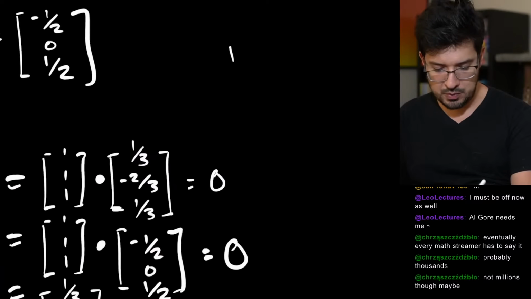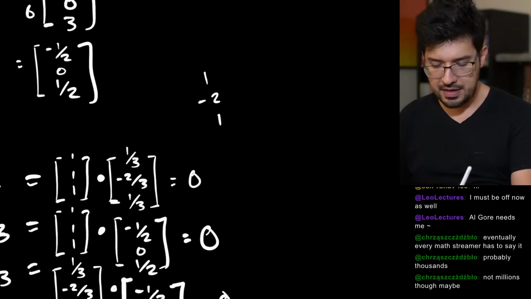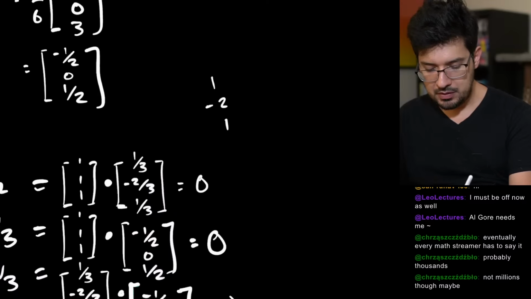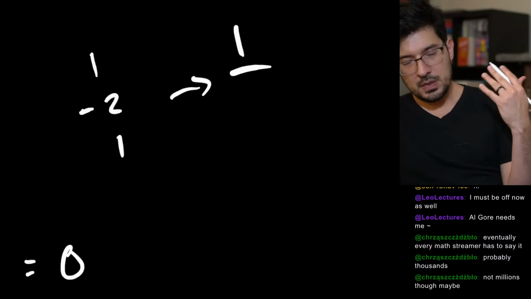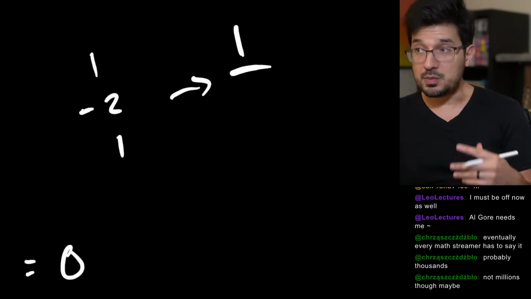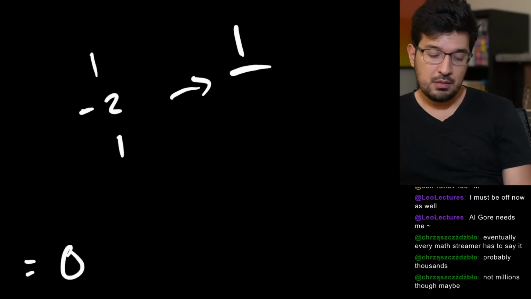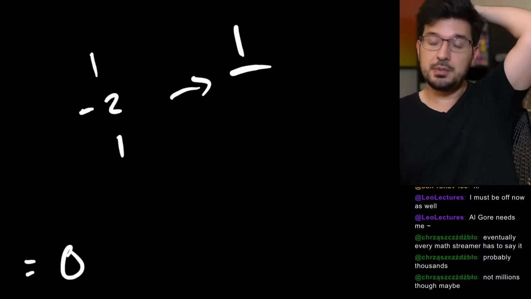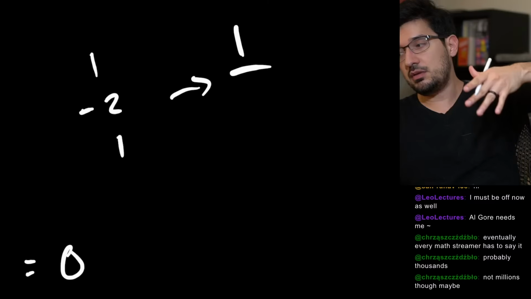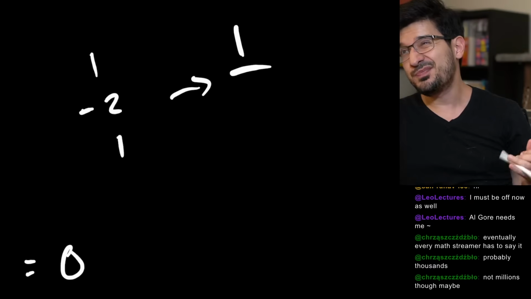We could use 1, negative 2, 1 instead, and then normalize. 1, negative 2, 1 is easier to work with instead of a bunch of fractions that we're squaring and stuff. Because you can scale vectors and any multiple of a vector is also in the span of the original vector.